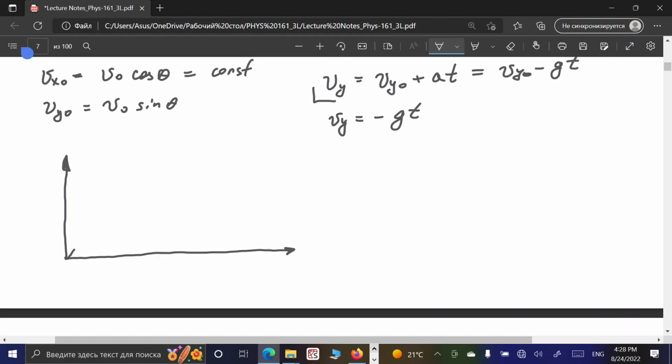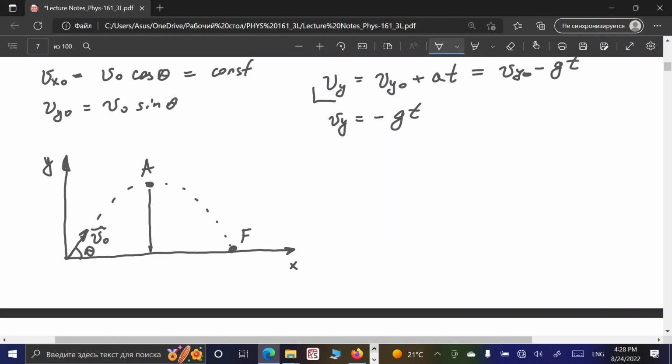If we have some projectile, axis x and y, here is our velocity vector, angle theta, point A, amplitude point, and let's consider also point F, like the final point of this trajectory.